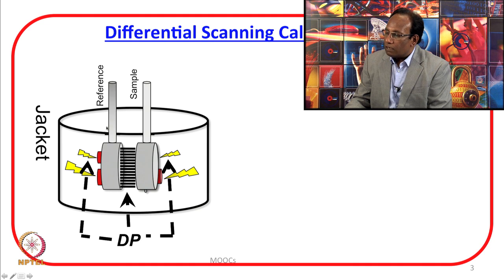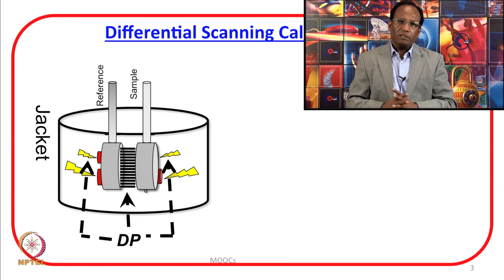In the reference cell, we take a solution or material in which there is no change in its state during the entire scan. However, in the sample cell, if it is a protein, at a certain temperature the protein will start unfolding.